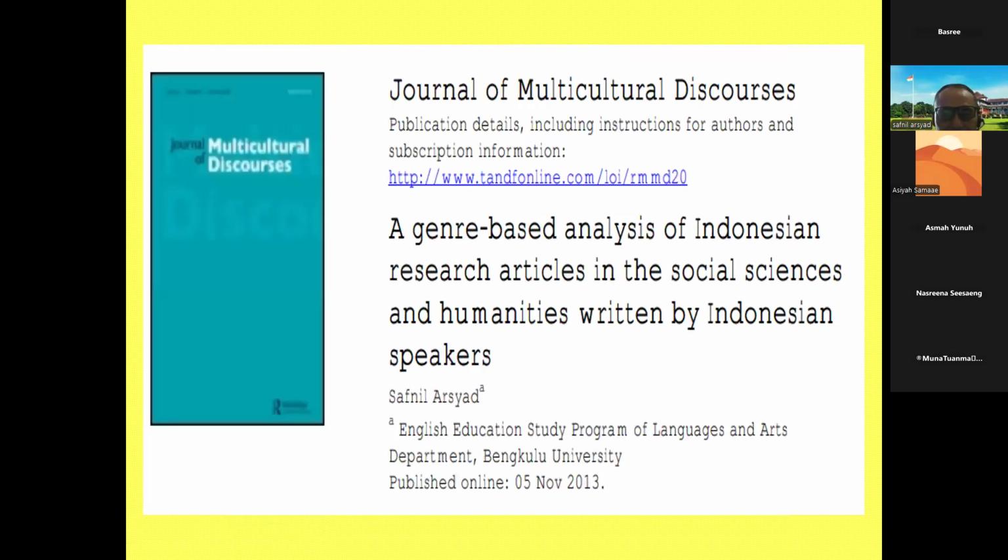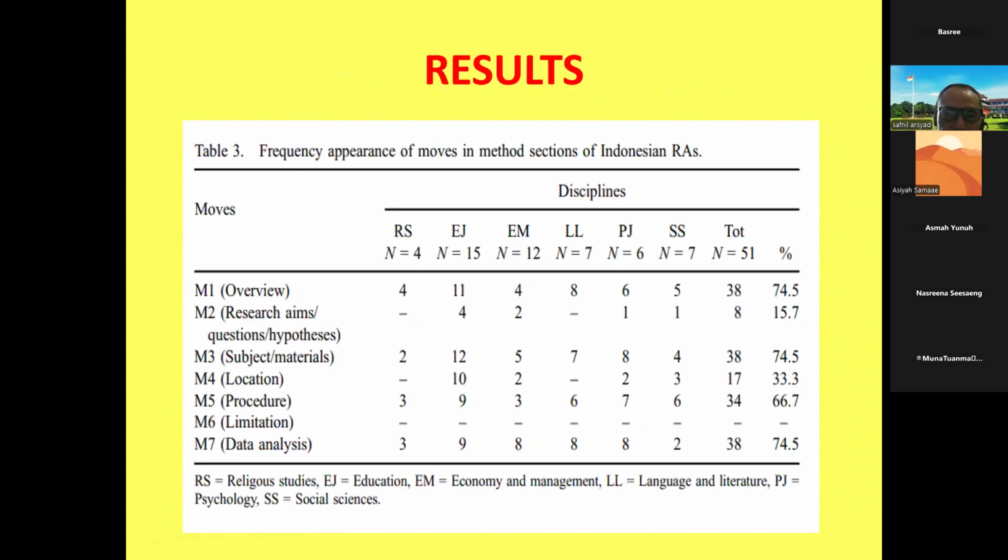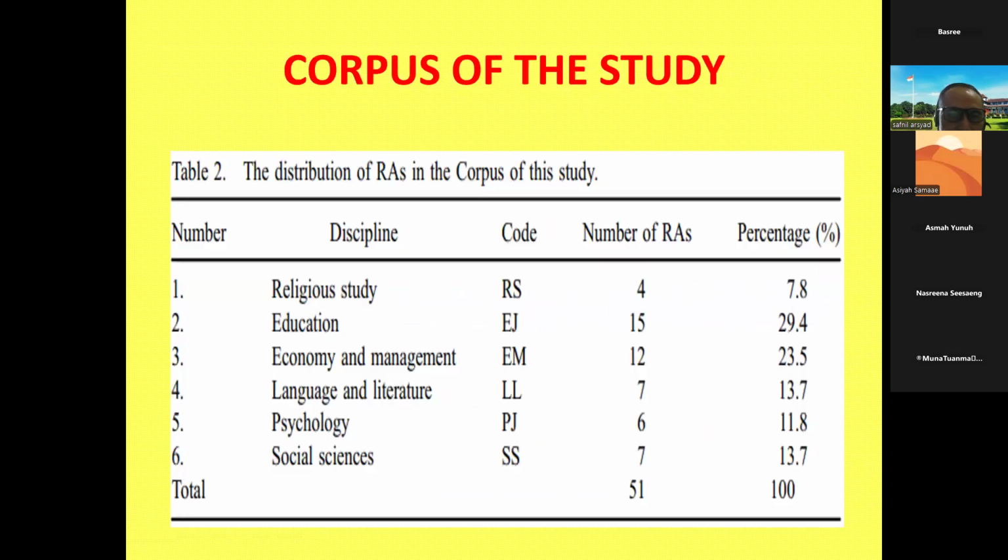Okay. Now I once analyzed Indonesian research articles in social sciences and humanities. The method section of research articles in social science and humanities by Indonesian speakers. And I published it in the Journal of Multicultural Discourses, by Taylor and Francis. And I found this. This is the corpus of the study, the distribution.